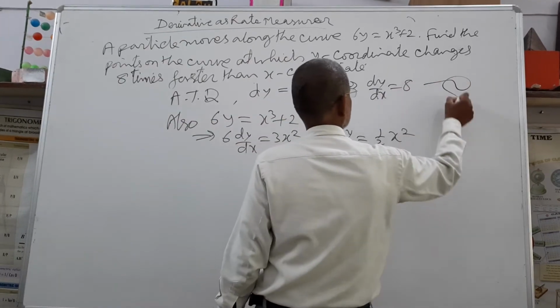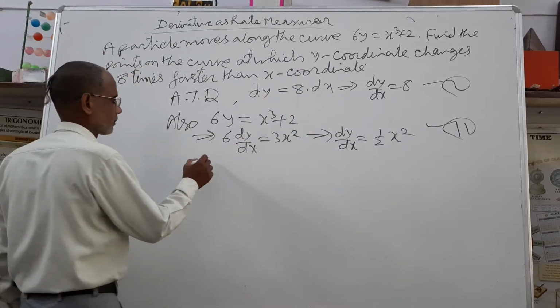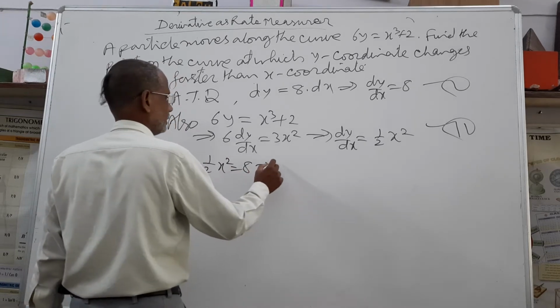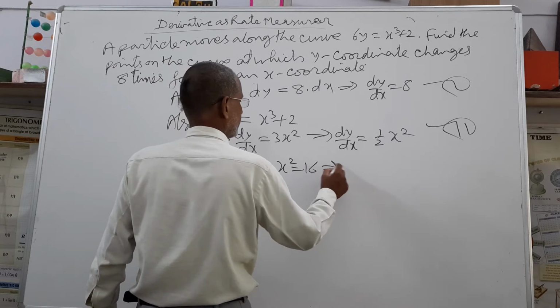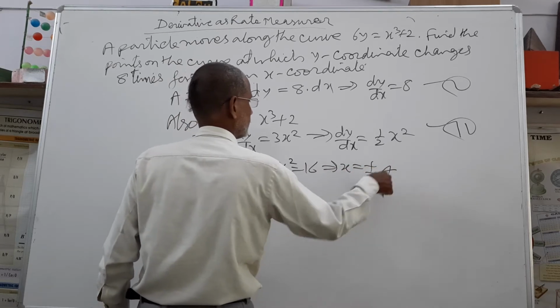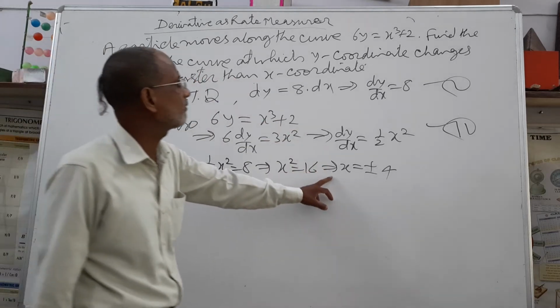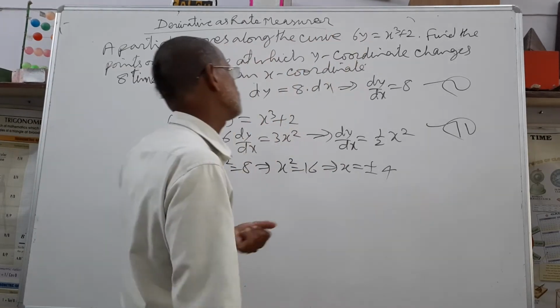This is 1, this is 2. From 1 and 2, half x square is equal to 8 implies x square equal to 16 implies x is equal to plus minus 4. By putting this value of x in curve, you will get values of y.